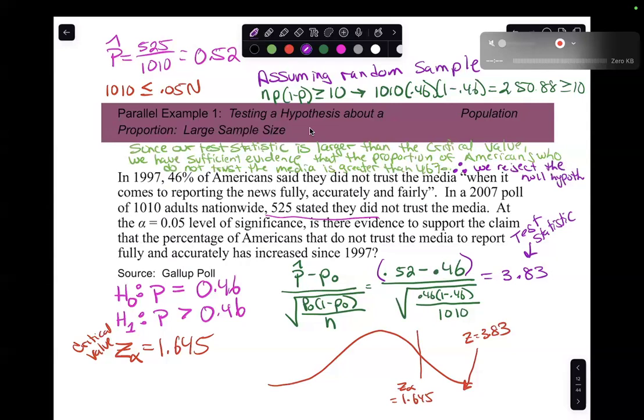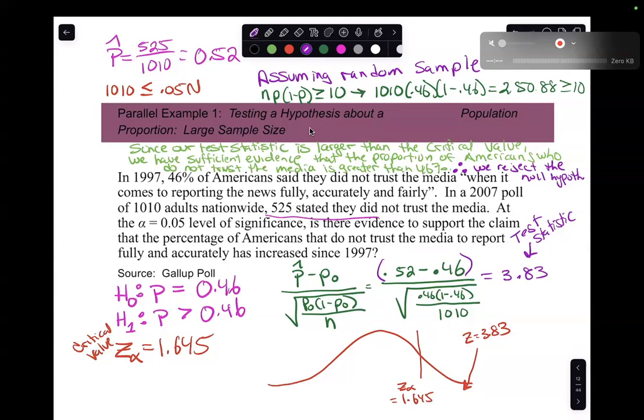I'm not asking that you make it super long-winded or anything, but even if you just said to me, the test statistic is larger than the critical value, so we reject the null hypothesis, I want you to say something about the proportion of Americans that trust the media. Your wording does not have to be perfect and beautiful.